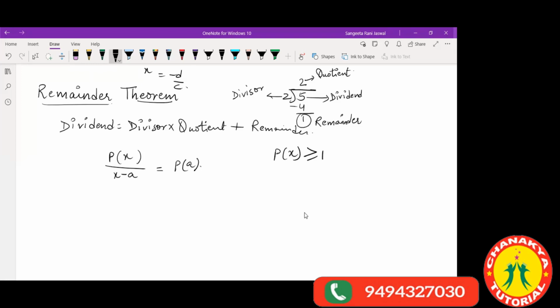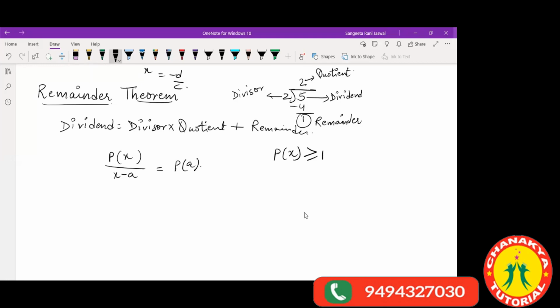Ma'am, is the remainder theorem also called the factor theorem? Factor theorem is different, beta. Right now we are talking about the remainder theorem. We'll come to the factor theorem also. Ma'am, in which page actually? In my NCERT book, the remainder theorem is on page number 39.